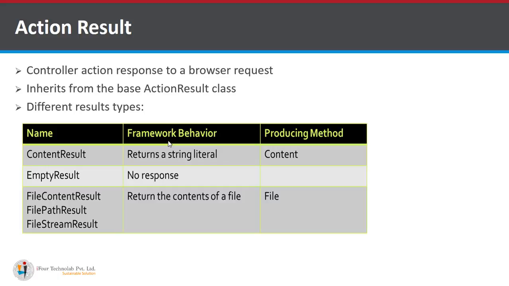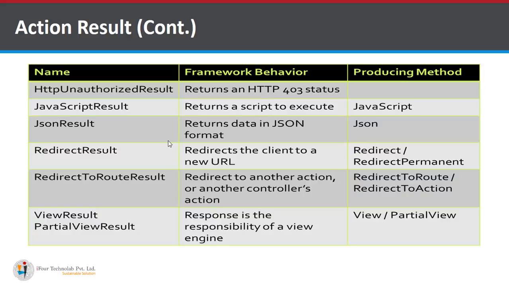Next one is EmptyResult. It has no response. Next one is FileContentResult, FilePathResult or FileStreamResult. It returns the contents of a file. Next one is HttpUnauthorizedResult. It returns an HTTP 403 status.